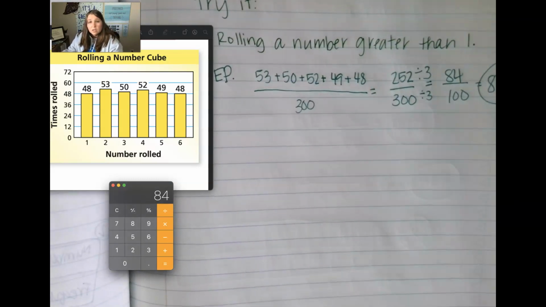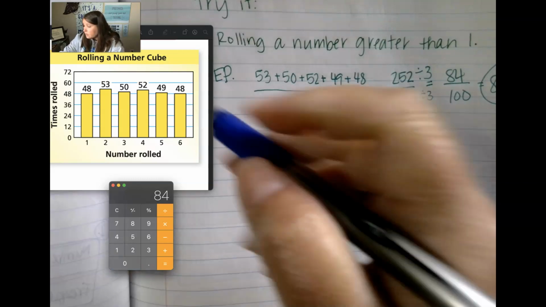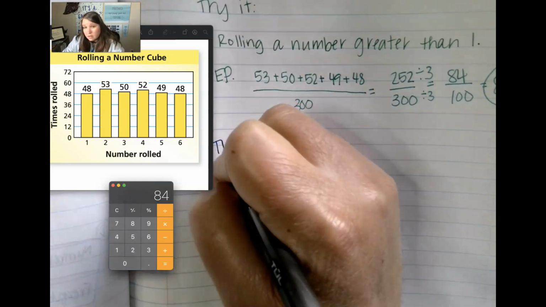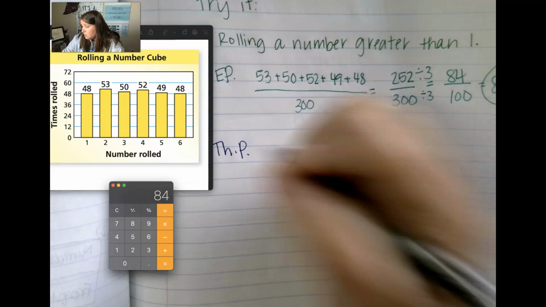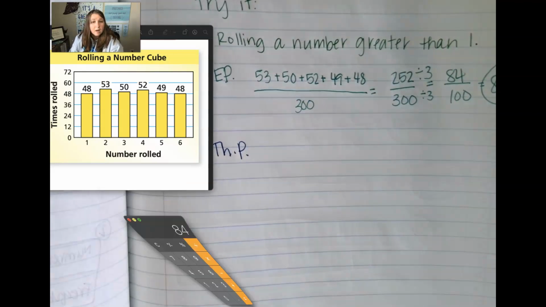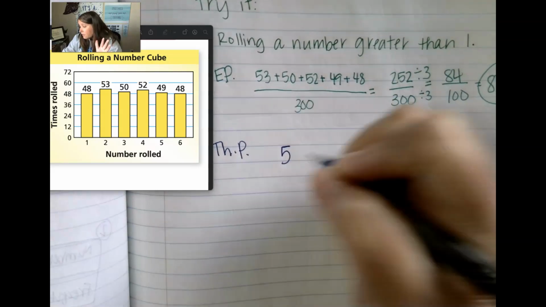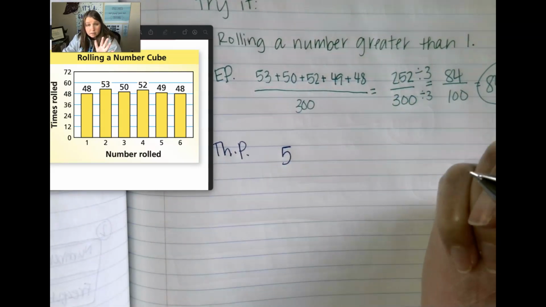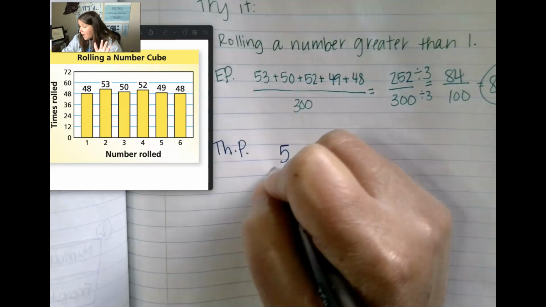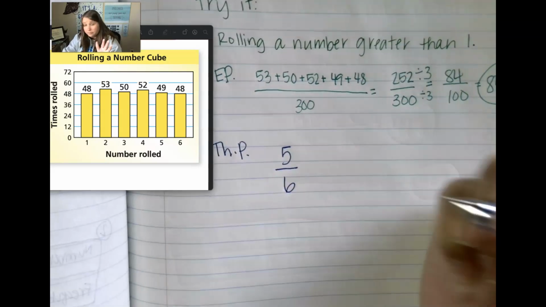Now we're going to look at the theoretical probability. It says how many times could we have rolled a number greater than 1? Well, 2, 3, 4, 5, and 6. So there are 5 numbers greater than 1 out of 6 total.